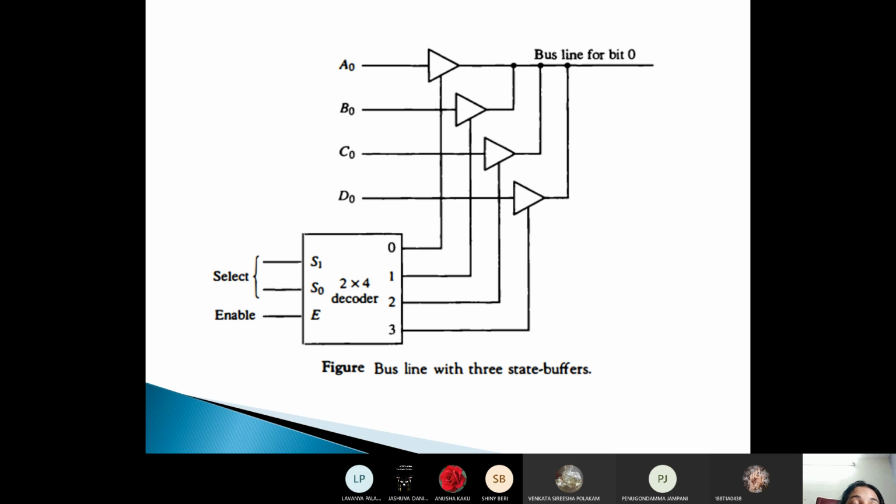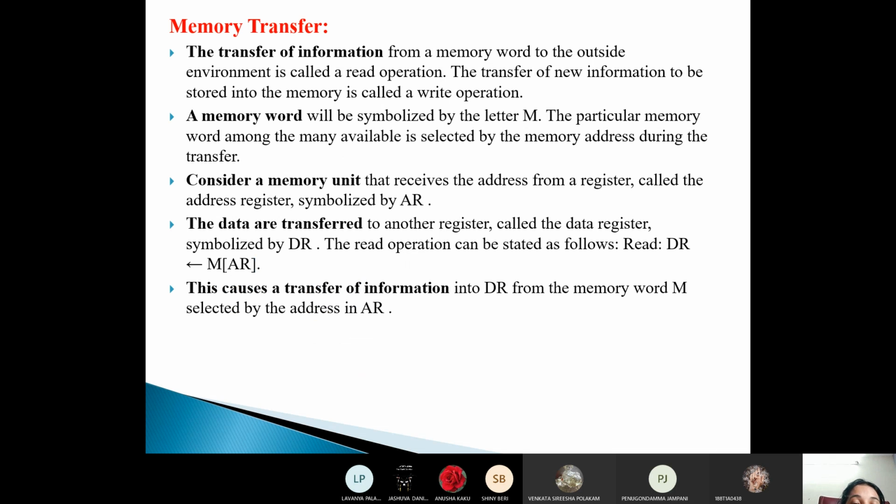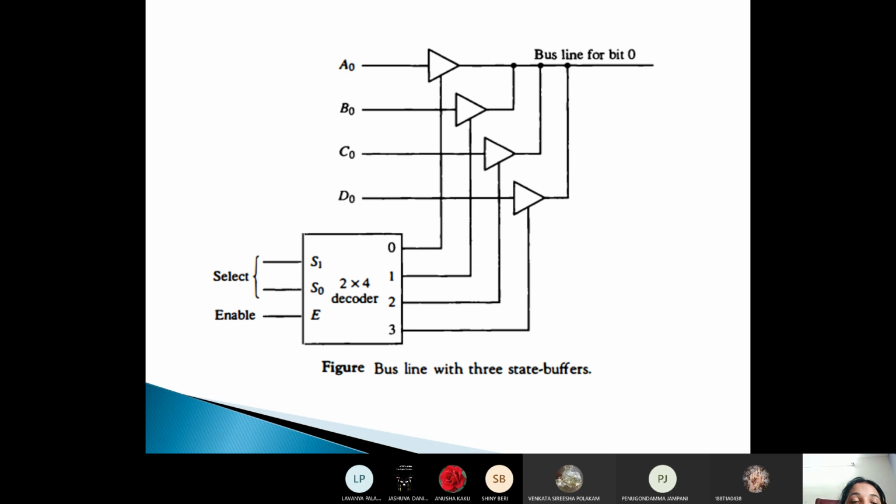In this we are having the construction of the bus system with three-state buffers, as shown in the figure. We have the selects S0 and S1 and the outputs of the four buffers. These outputs of the four buffers are connected to form a single bus line.